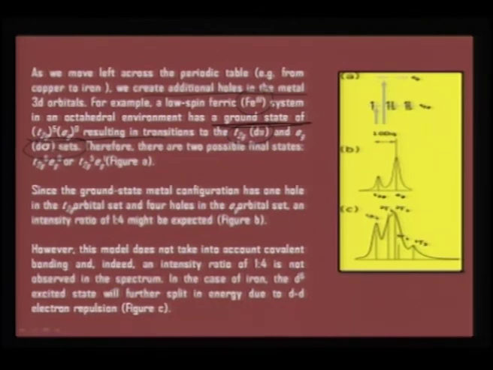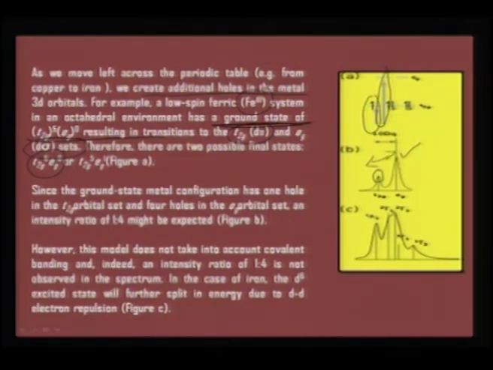You can end up with a t2g6, that is what is denoted here, or you can end up with a t2g5 eg1, and depending on these two, you get a peak like this, which corresponds to the electron promoted to this final state, and this peak corresponds to the electron promoted to this state.